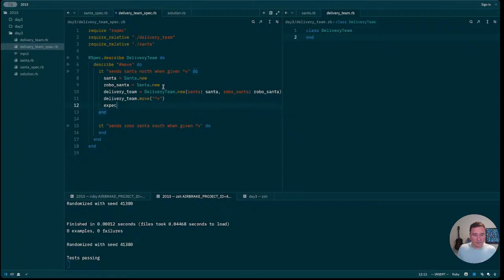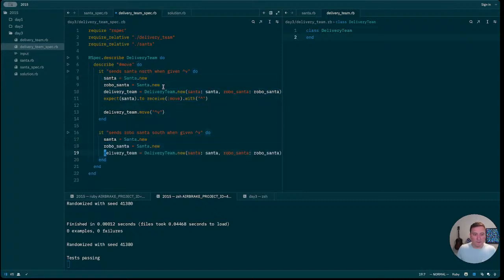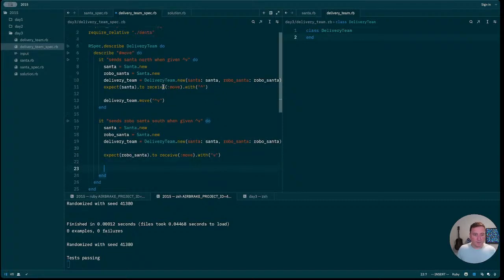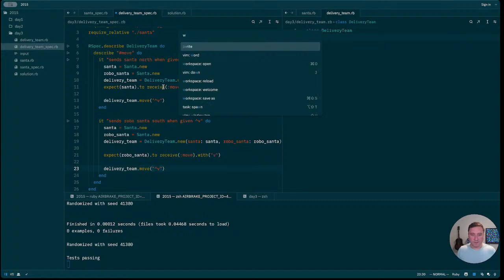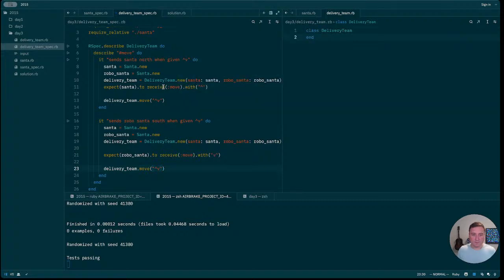And then expect Santa to receive move with up, and then delivery team.move. Same thing here, and expect robo Santa to move with down, delivery team.move up down, and let's save the file and see what happens.